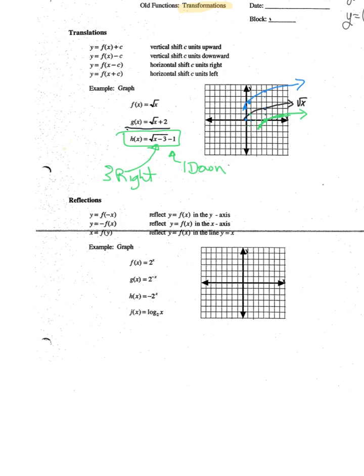So recall that y equals negative f of x is the same as saying negative y equals f of x. And then you would multiply both sides by the negative. That's why we often say you changed the sign on the y, you reflect it in the x-axis.